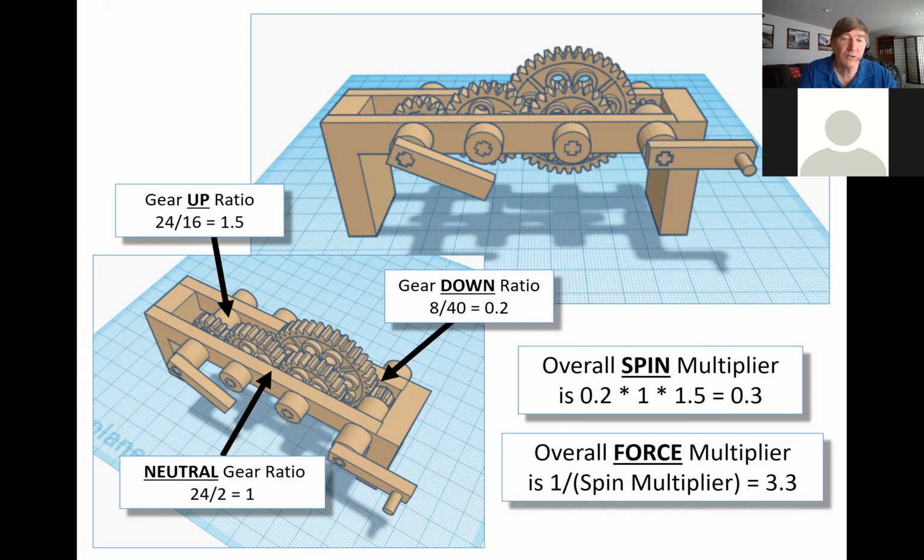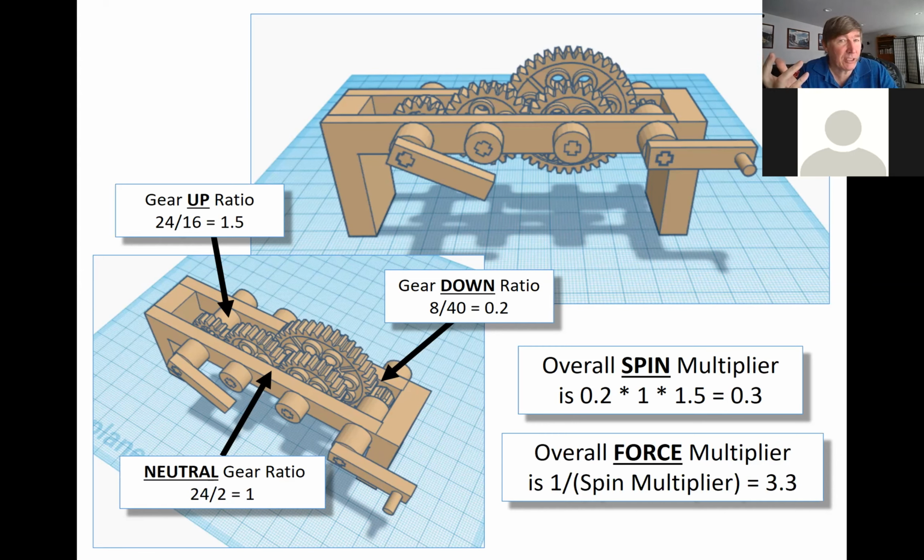So when you gear down, if we were to take Caden's gear train here, we would find that if we put a spinning force on the handle, then the output shaft is going to have a spinning force that is 3.3 times more than what we are doing. So it's increasing our spinning force.